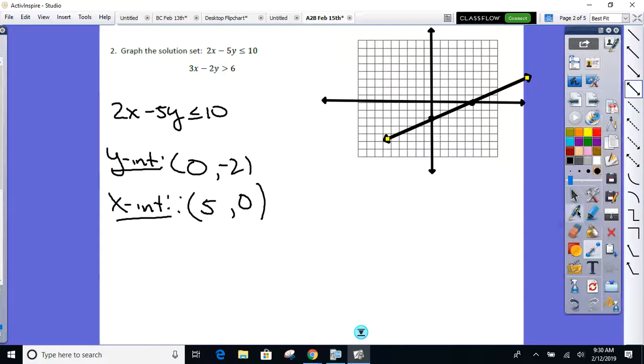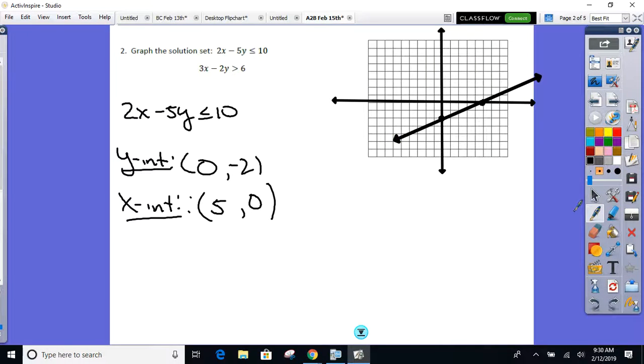All right. Go ahead. Plug in 0, 0 now. Does it work or not? Is 0 less than or equal to 10? Yeah? Okay. We know where to shade.